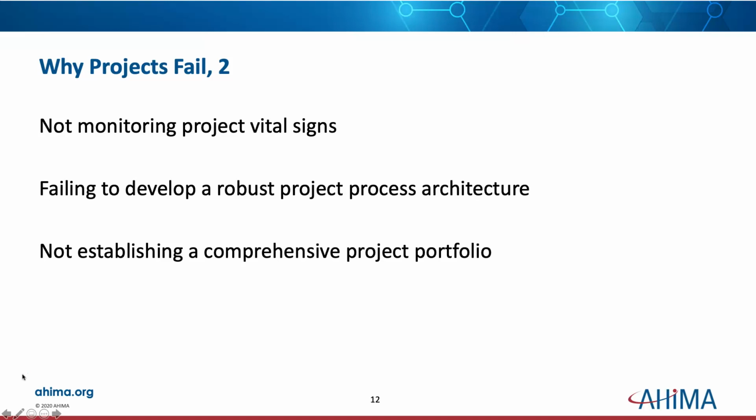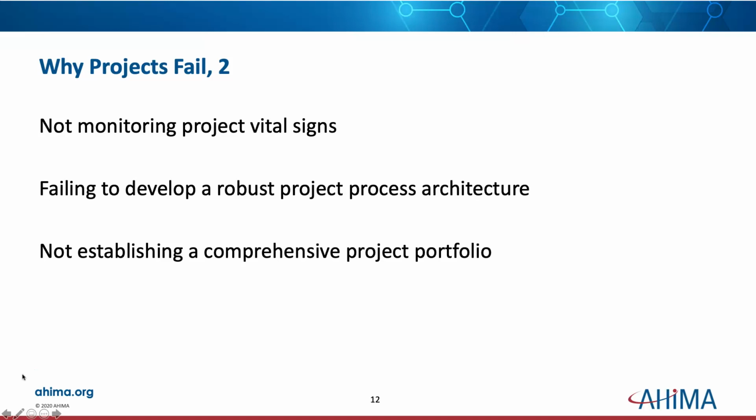Failing to develop a robust project process architecture. That's pretty fancy. Basically, it's not making sure that you have all the steps and resources and everything that you're going to need, that it's not going to support it.